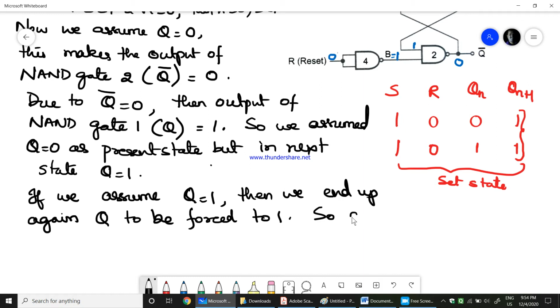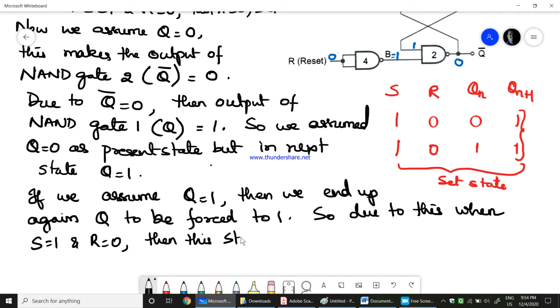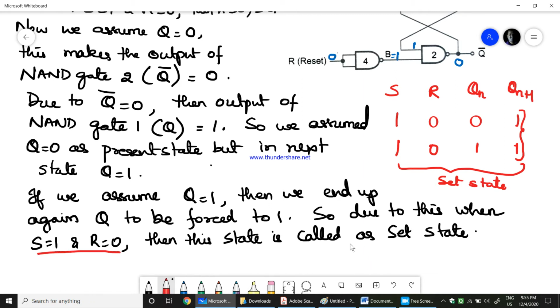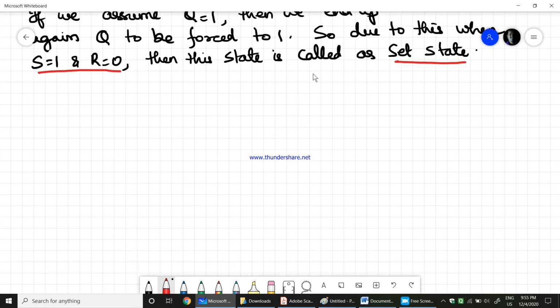So due to this, when S equals 1 and R equals 0, this state is called the set state. Now let us go with the next case.